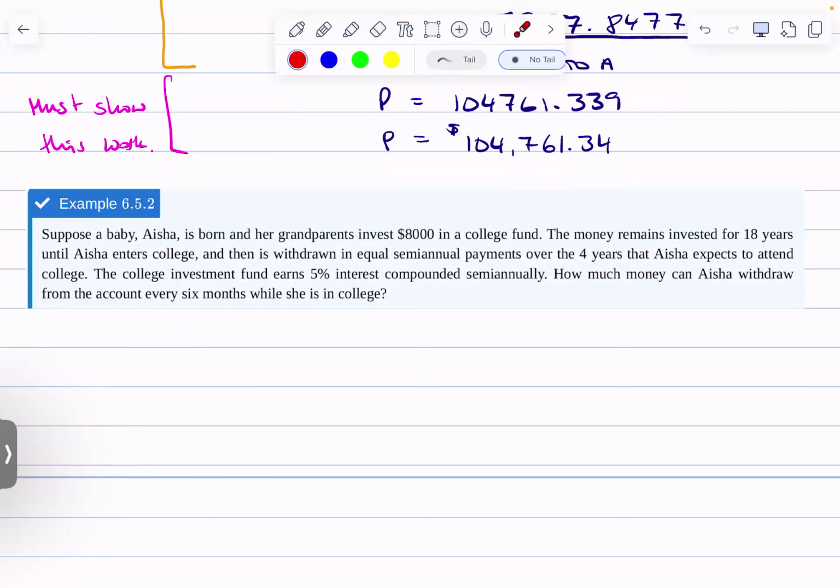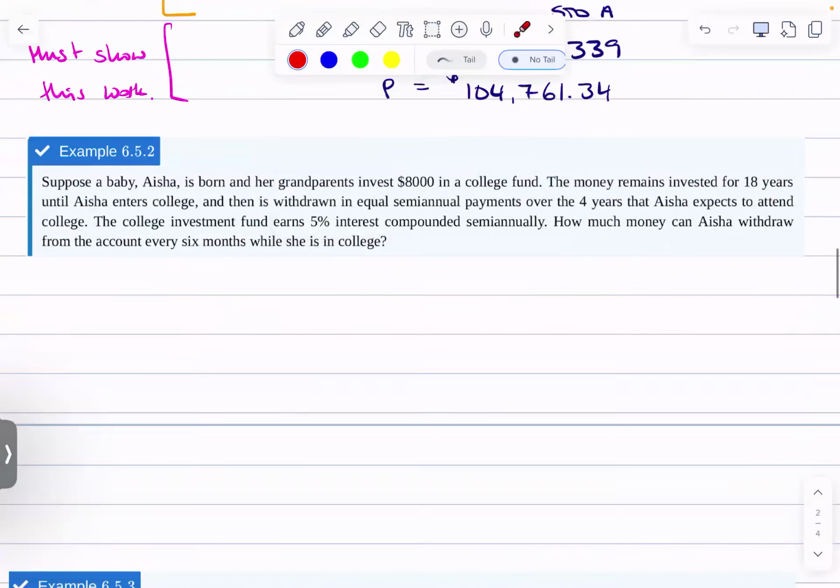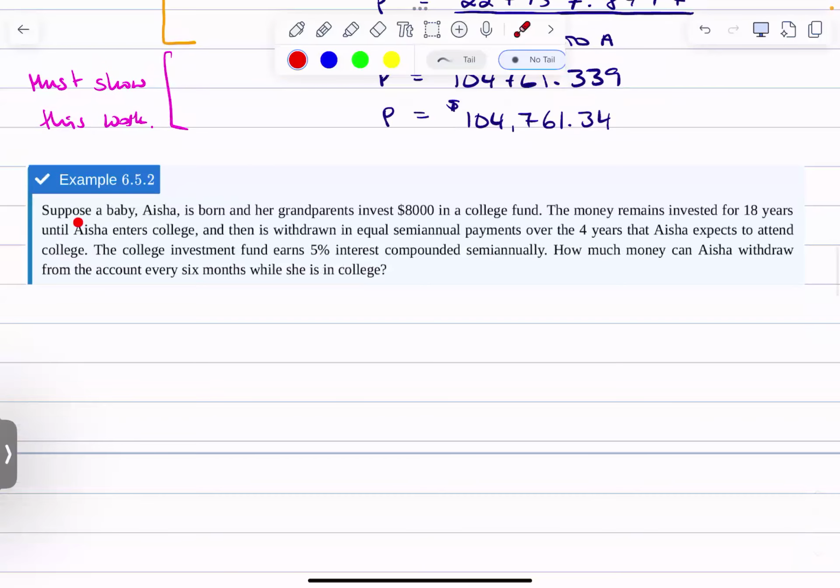I think this one is so cute because then Aisha graduates in the next question. But suppose a baby, Aisha, is born and her grandparents invest $8,000 in a college fund. How nice. The money remains invested for 18 years until Aisha enters college and then is withdrawn in equal semi-annual payments over the 4 years that Aisha expects to attend college.